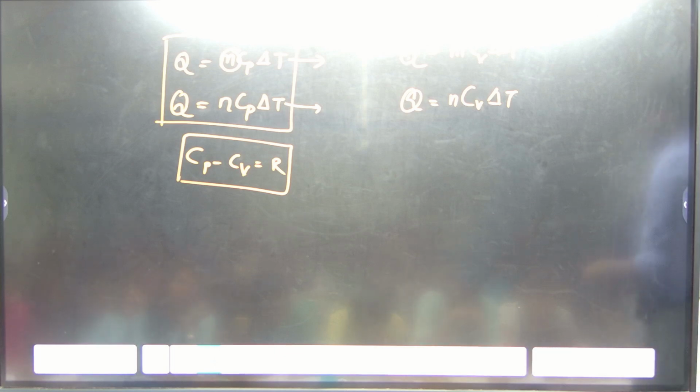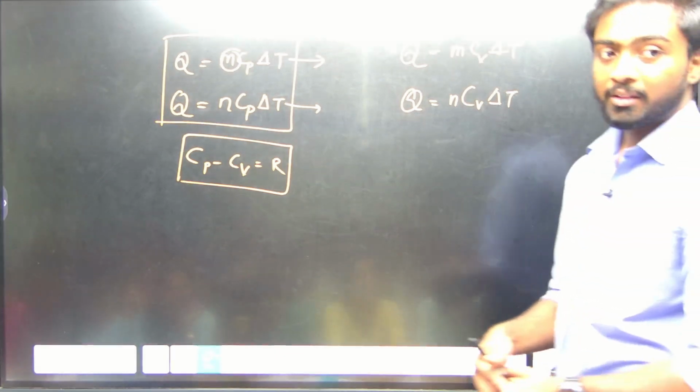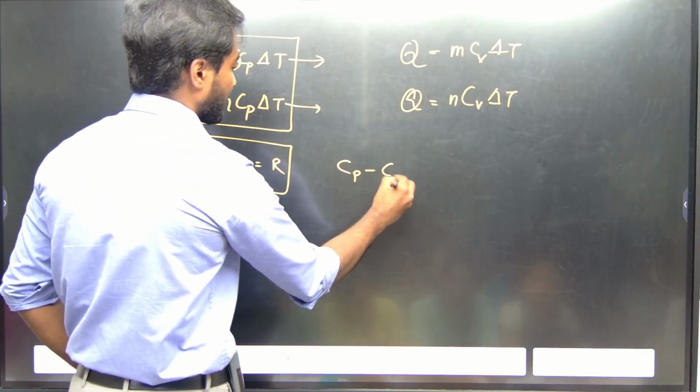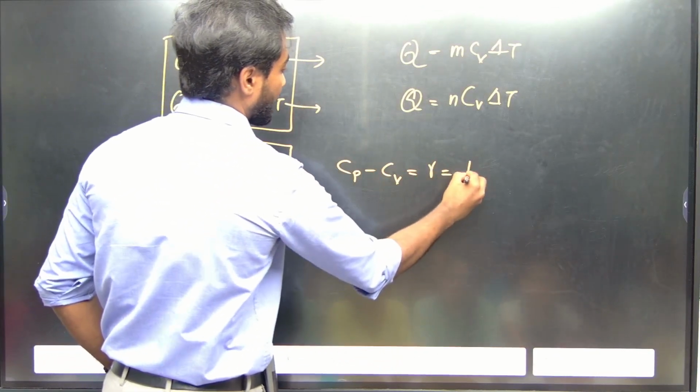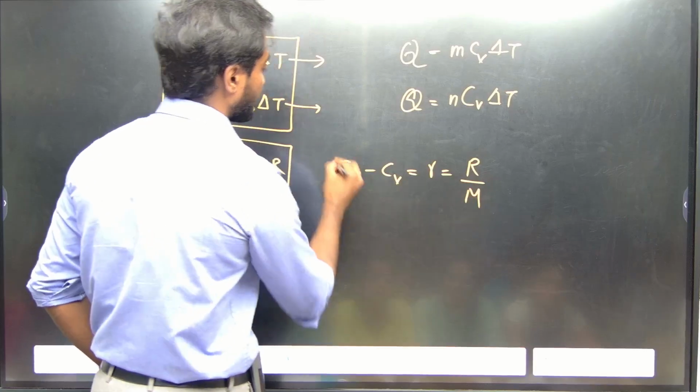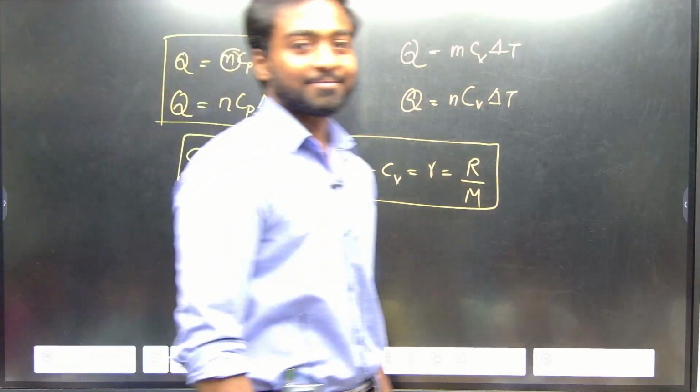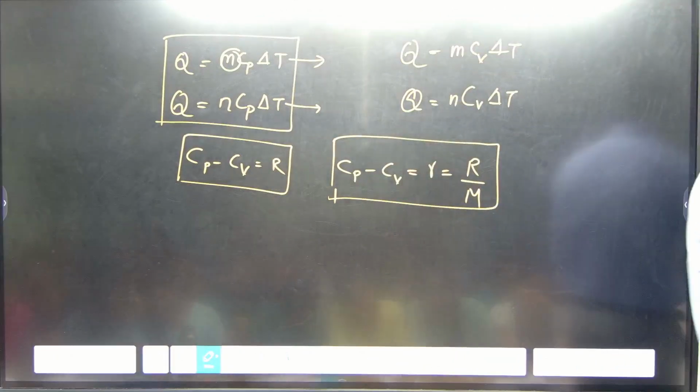What is the other formula? Cp minus Cv is equal to small r, which is nothing but R by M. Write down.